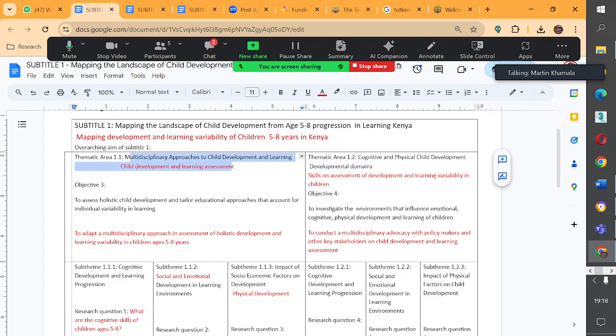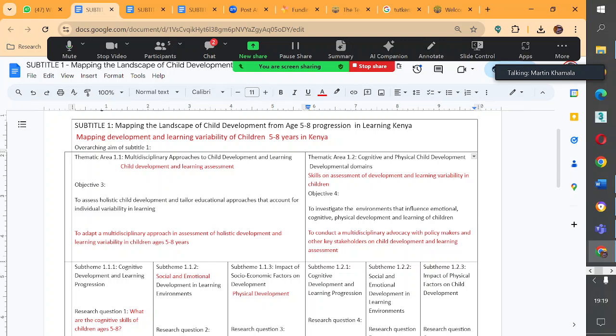This first one of child development and learning assessment, I believe is necessary when you're doing this kind of research. It's a necessary theme that we can't avoid. But the second one here I can see is actually aligned to the LEVANTE objectives. They're interested in us studying the variability in children and in different contexts.